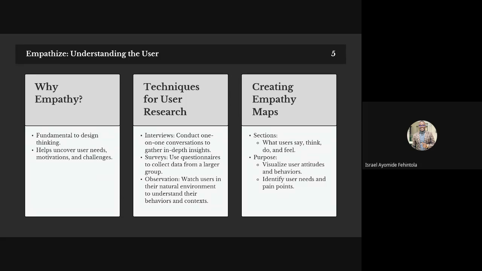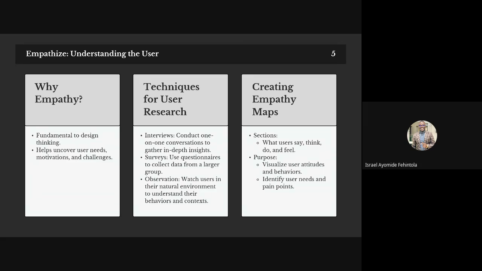These little, seemingly insignificant things that users themselves might not even realize can have a very, very big impact on the solution you are creating. So the most important techniques you use in empathy are interviews, surveys, and observations.